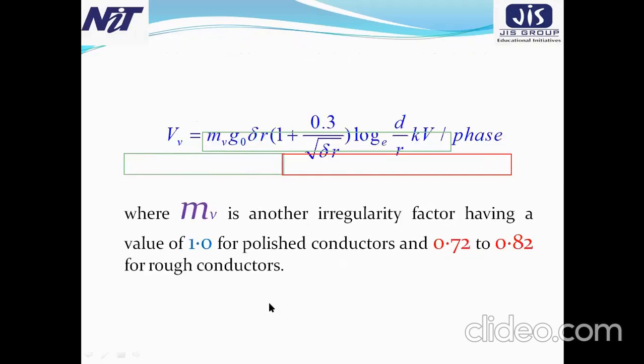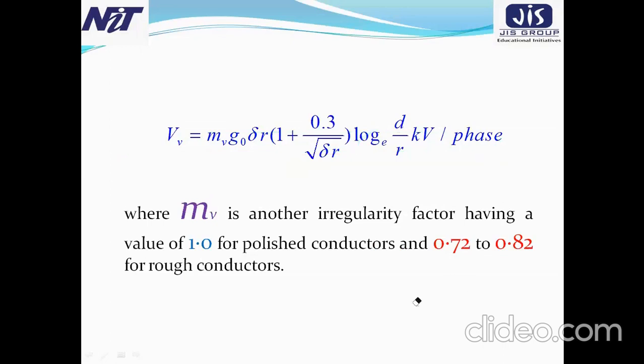So here the formula is Vv equals mv. The last one was m0, but for this case it is mv. That was Vc, and here it is Vv.